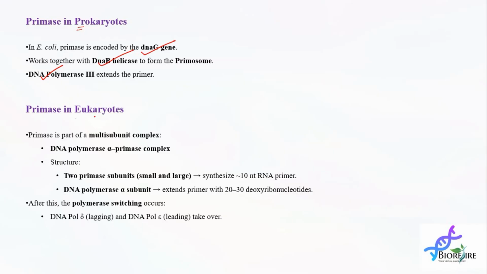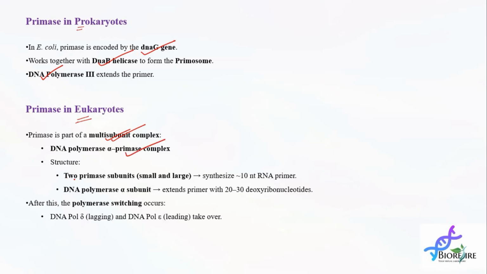In the case of eukaryotes, primase is a part of a multiple subunit complex, the DNA polymerase alpha primase complex.